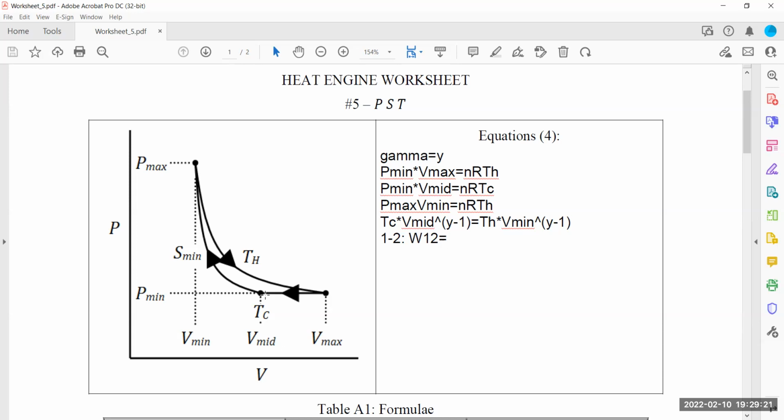It's going to be nCp, because this is an isobaric process, times the final temperature, which is TC, minus TH. It's going to be positive according to the convention of the book, so we better put a minus in here, okay? Or if you wish, an absolute value in here, just to save ourselves a headache for right now, okay?